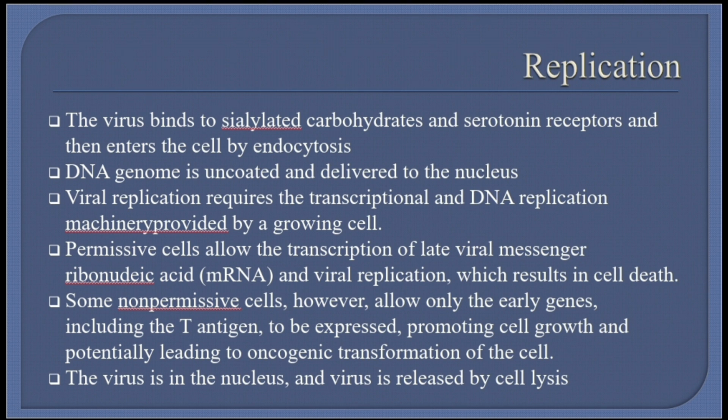Permissive cells allow the transcription of late viral messenger ribonucleic acid, that is mRNA, and viral replication, which results in cell death. Some non-permissive cells, however, allow only early genes, including the T antigen, to be expressed, promoting cell growth and potentially leading to oncogenic transformation of the cell. The virus assembles in the nucleus and is released by cell lysis.